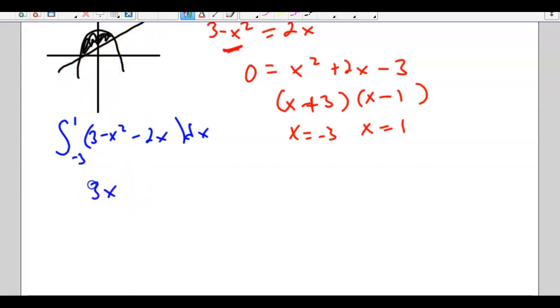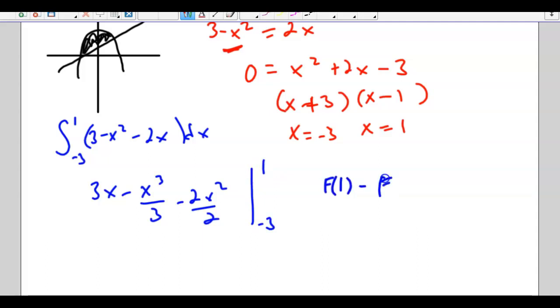So we get 3x minus x cubed over 3 minus 2x squared over 2 from negative 3 to 1. Or 3x minus x cubed over 3 minus x squared, like that.